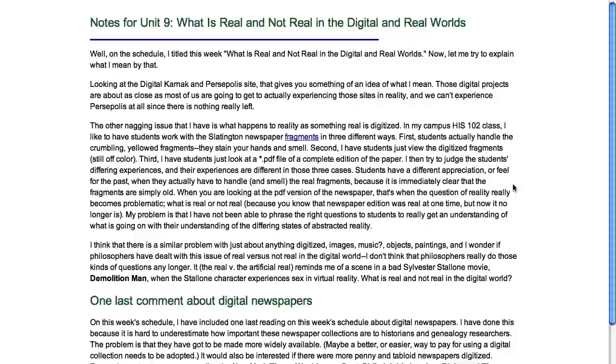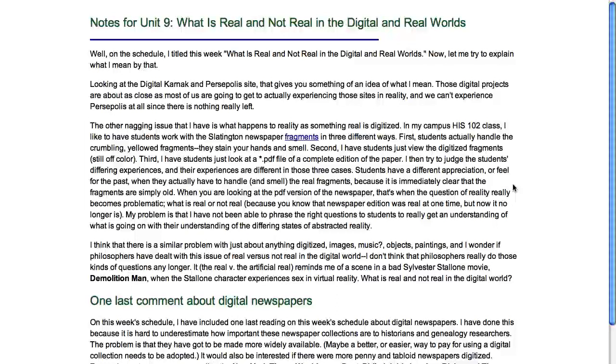If you break it down into three steps, first, the experience of working with the actual physical fragments of that newspaper. Then a second stage is working with the images of those fragments. And then third is just working with a PDF version of that newspaper.